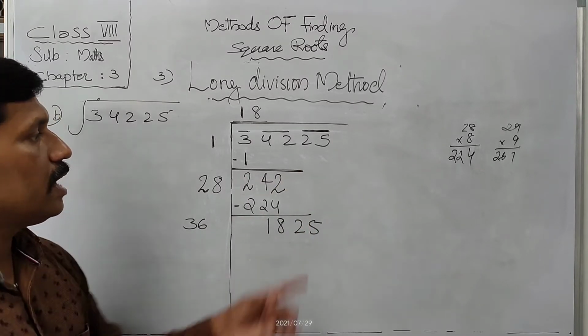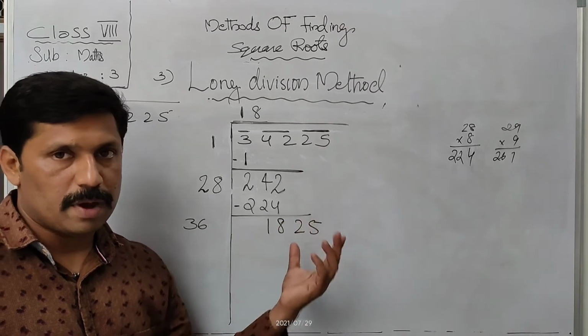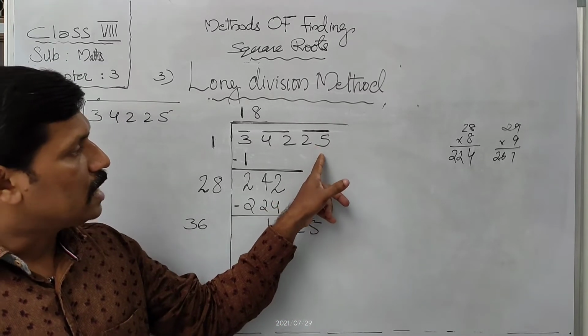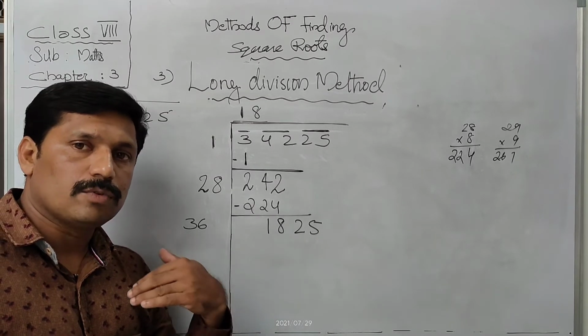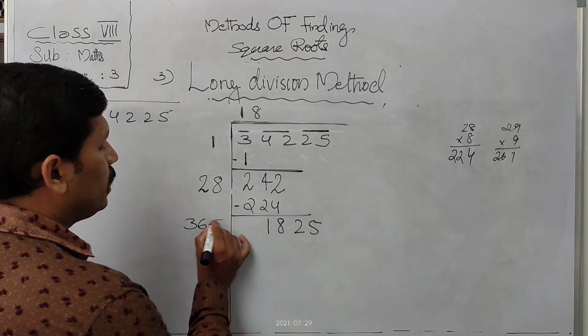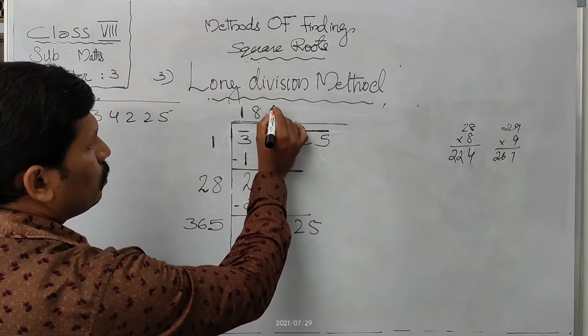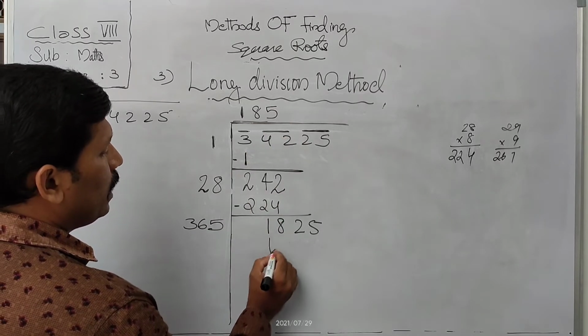Here we can use the last unit digit property, because there is no other group afterwards. So here the last digit is 5, then the root's last digit also will be 5. There is no doubt, no need to check other numbers. So you can write directly 5 here, and here also 5, and 365 into 5 will be 1825 only.